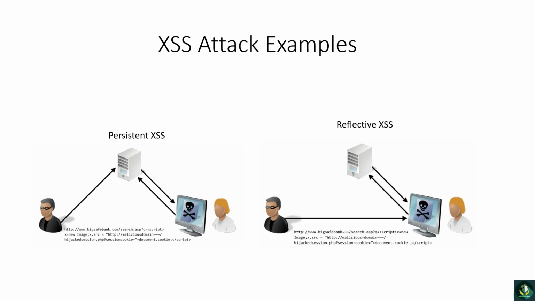In many cases, reflective XSS attacks rely on phishing emails or shortened or otherwise obscured URLs sent to the target user. So when the victim visits the link, the script is automatically executed in their browser.